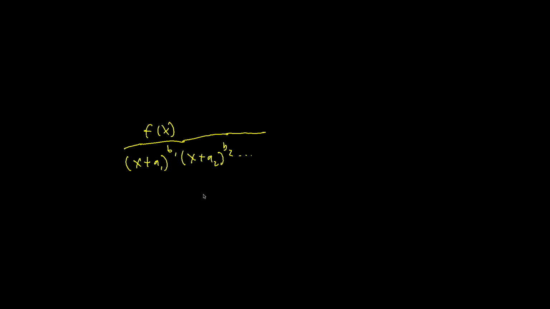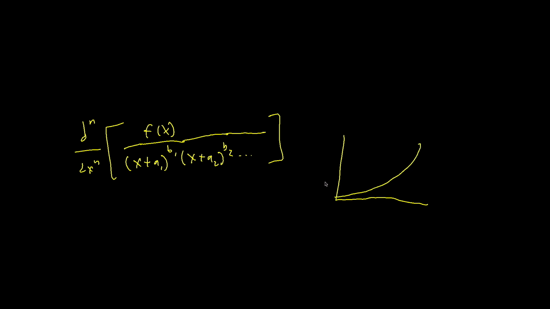Alright, so that formula is great, but you have to take the repeated derivative of this, which is a problem. If you try doing this symbolically, you'll get what I would call a symbolic explosion, where every time you take the derivative, the expression just explodes in complexity.